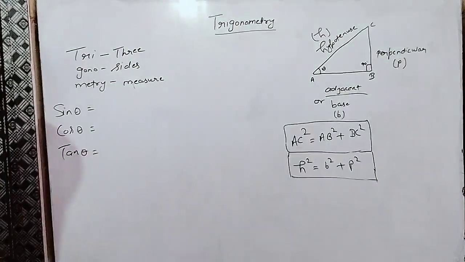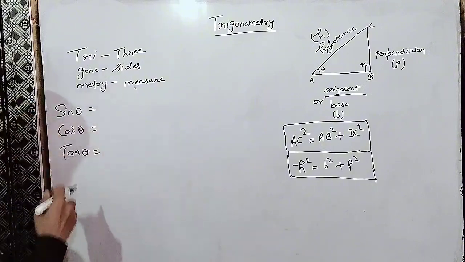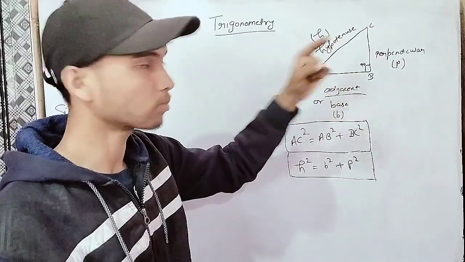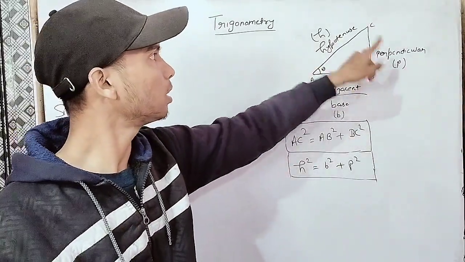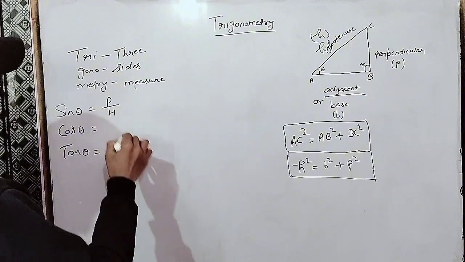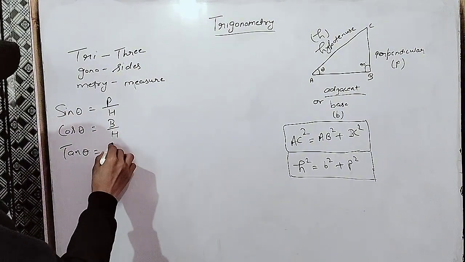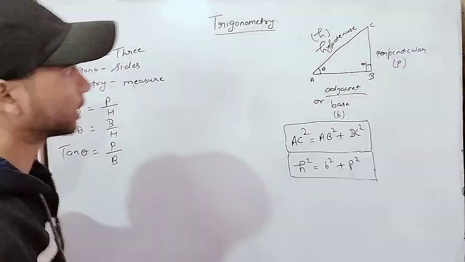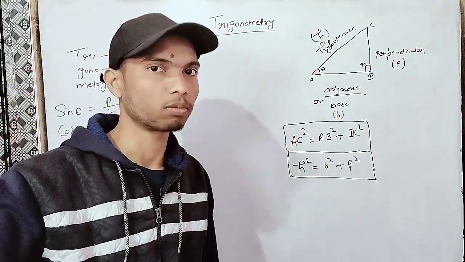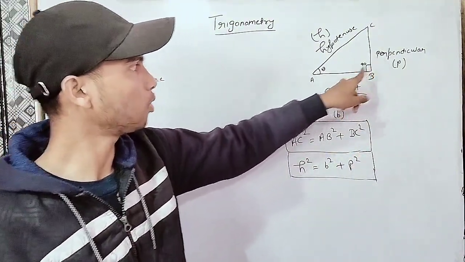Sin theta is perpendicular by hypotenuse, so P by H. Cos theta is base by H, and tan theta is P by B. Tan theta is also said to be the slope. To find the slope, we take this upon this.